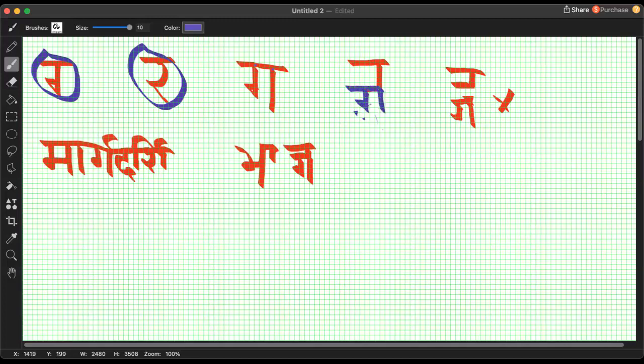It's understood that this particular junction is row. This is the row alphabet here. So when you write marga, a row will take up this half form, and below that I am writing go.